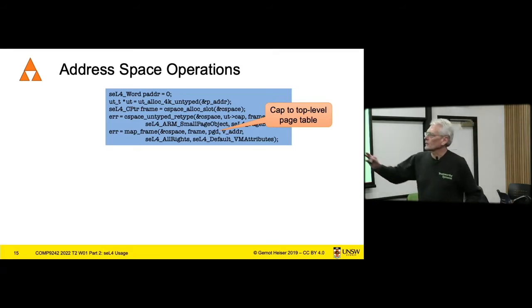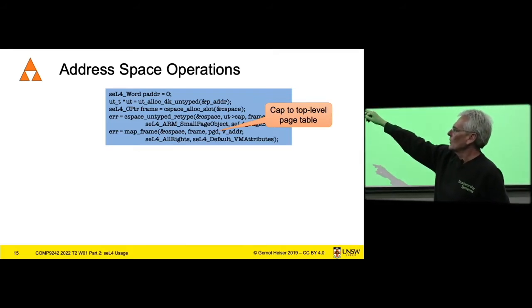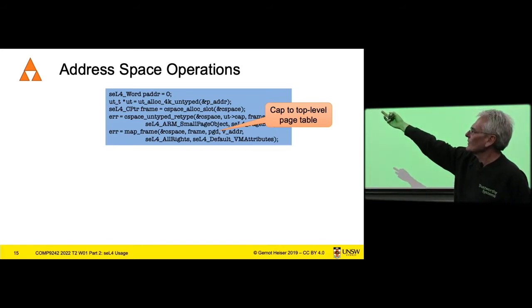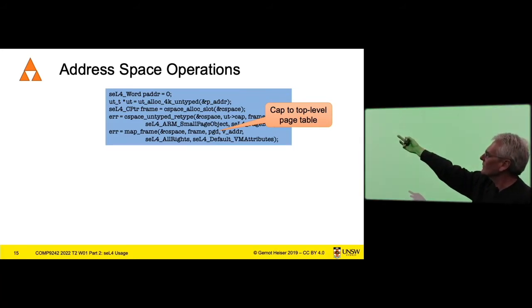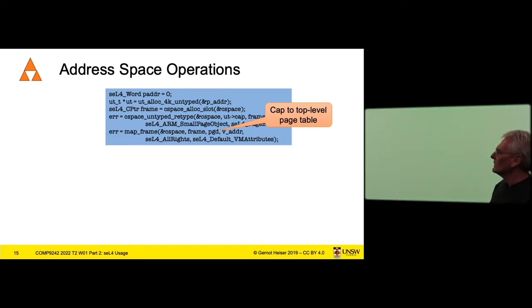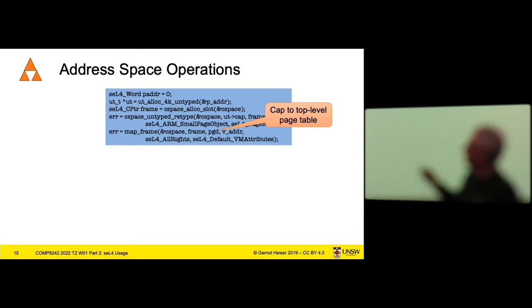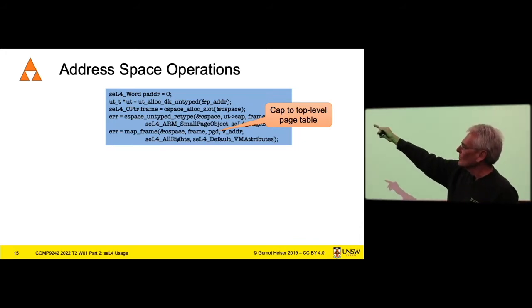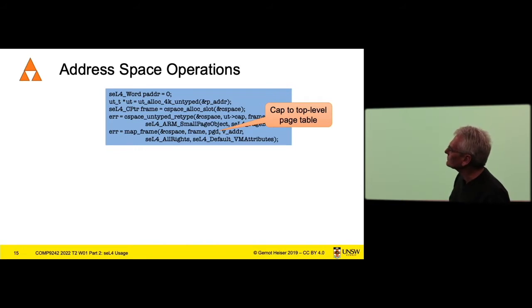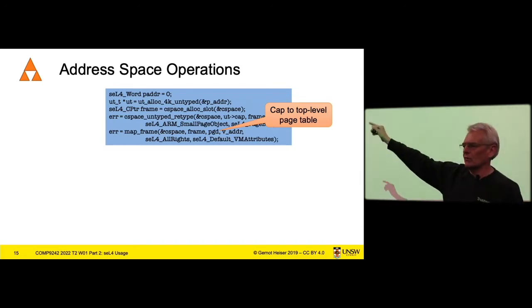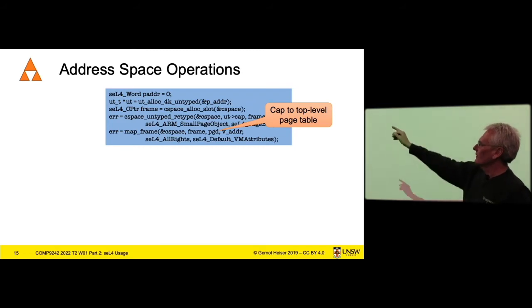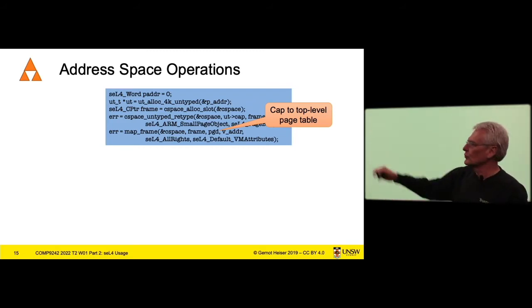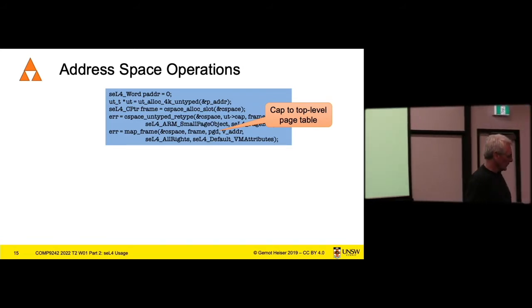You can see that we do an alloc, so that creates a bit of untyped from a larger area, and then retypes that into a frame capability, and then that frame is then mapped into the page table using a mapping operation, and the page table is referred to by its global directory capability.